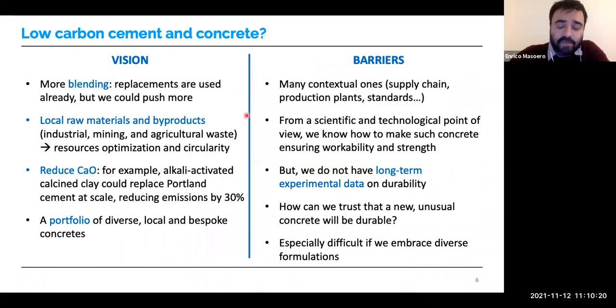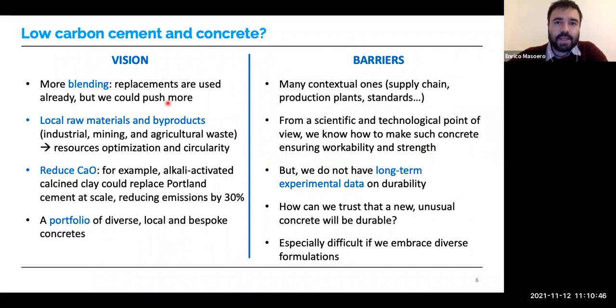If I'm asked to share my vision of how concrete and cement will look in the future, and this is not just my vision, a big part of the community thinks that this is the direction to move. Well, eventually, to reduce as much as possible the CO2 embodied in the material, we want to move towards more and more blended cementitious materials.